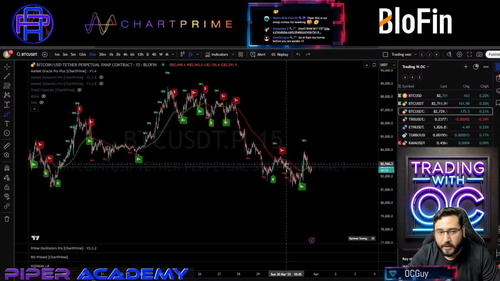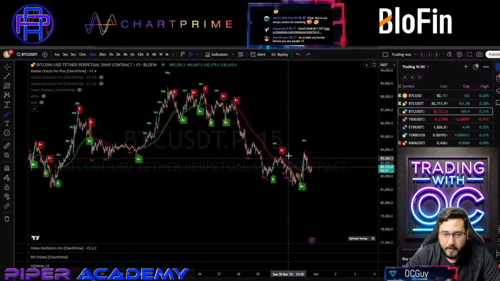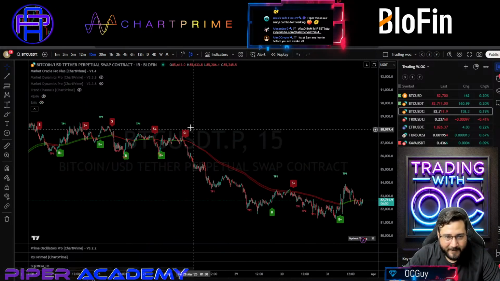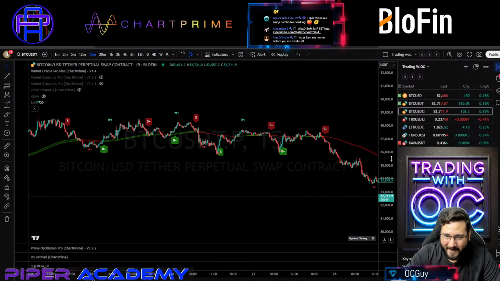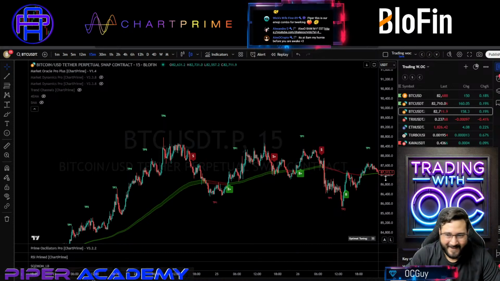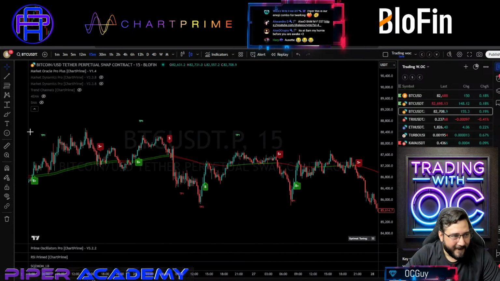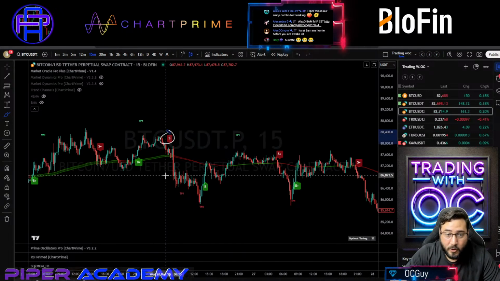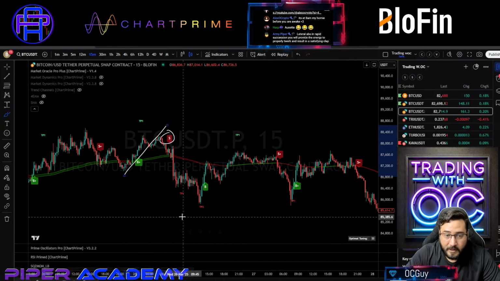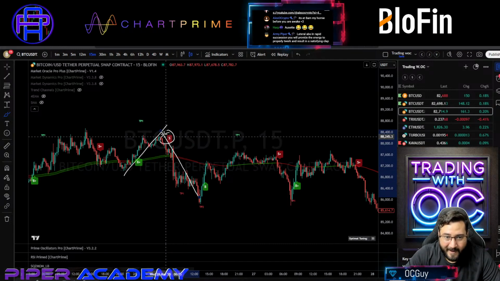If you want to trade the inner structure, let's go back and zoom in on the chunky candles. So you can see that you could be trading the chunky candles with this indicator. Nice. Look at that.